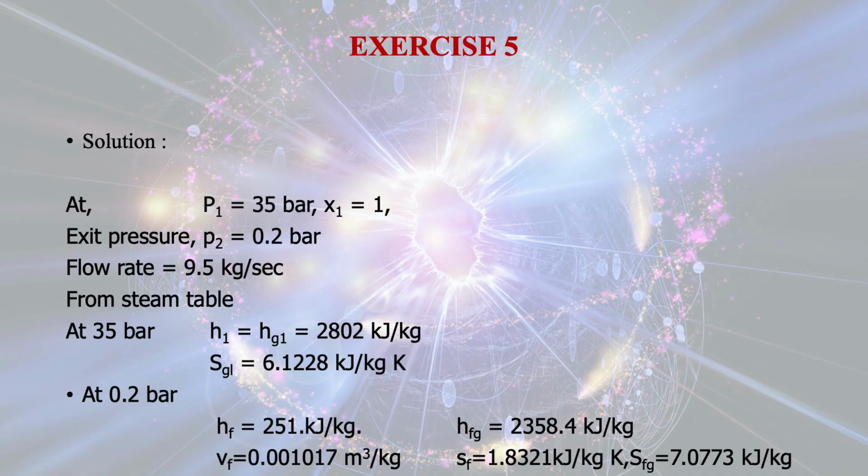So at P1 equal to 35 bar, obviously X1 will be 1, that is on the saturated vapor line, and at P2 equal to 0.2 bar. So H1 is equal to 2802 kilojoule per kg, and SG1 is equal to 6.1228, and at 0.2 bar HF and HFG are given, and there is no problem calculating H2 once you know the dryness fraction.